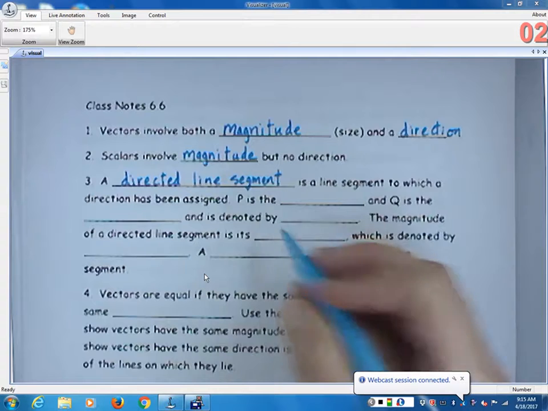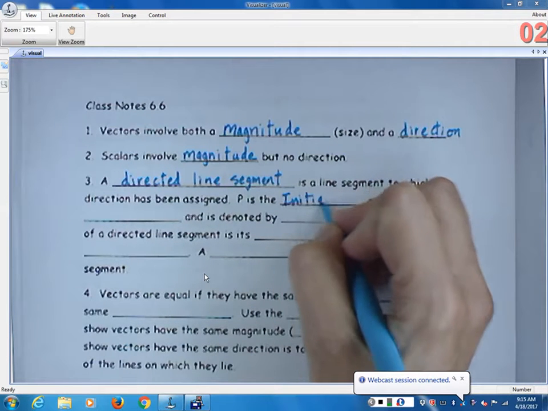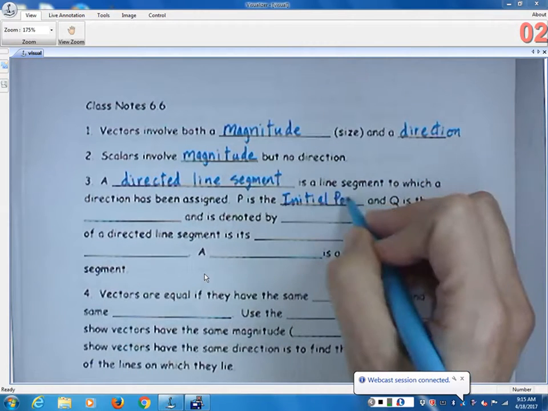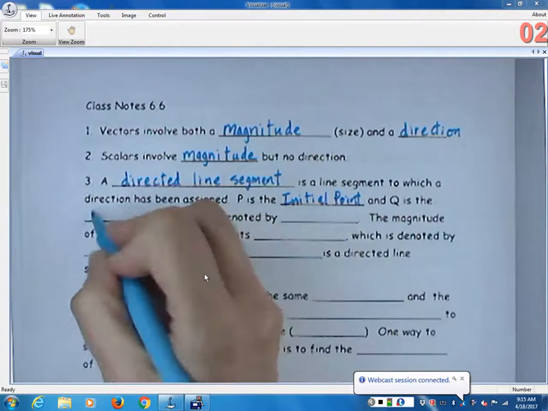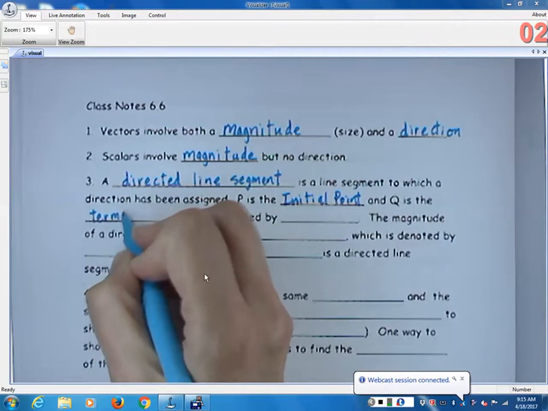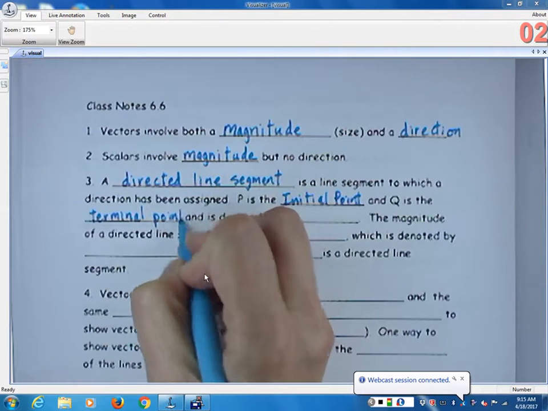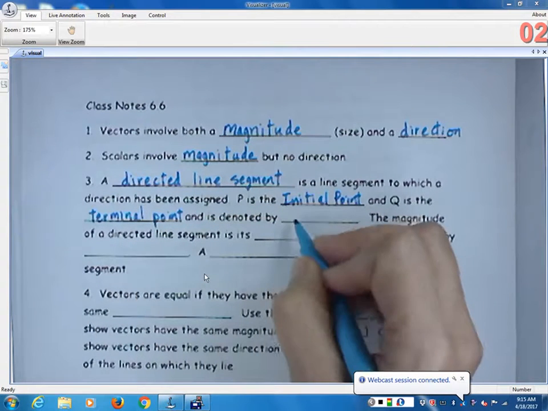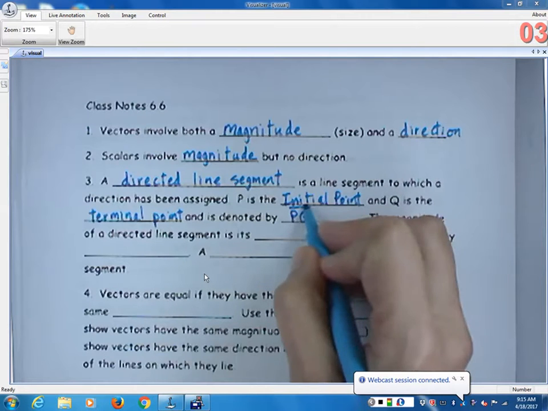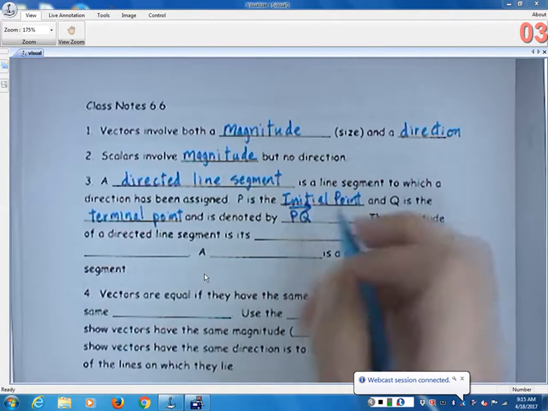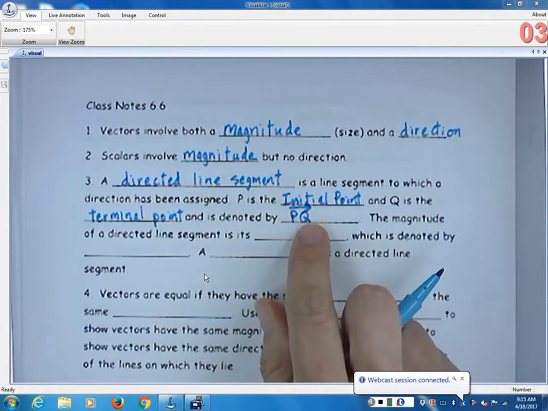P is the initial point, and Q is the terminal point. It's denoted by PQ with an arrow over it, the initial point first, the terminal point second.